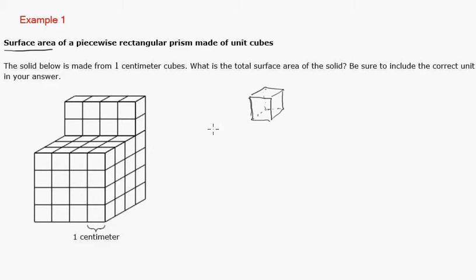If I was going to look at this from the front and the back, so if I was standing here and looking at it, I would see this part. I wouldn't see the top, and I would see all of that. So that would be the front.